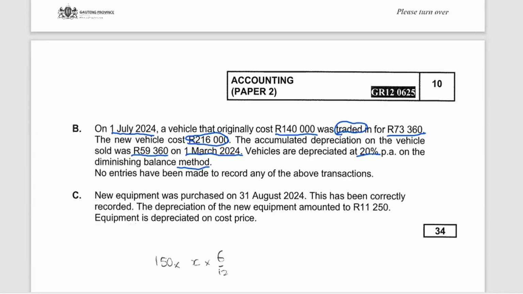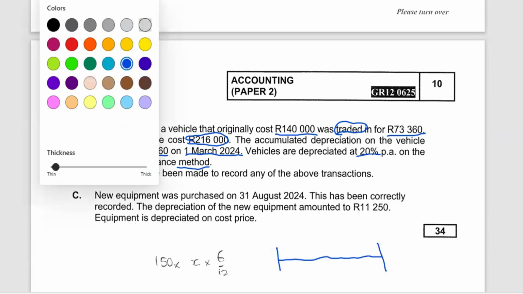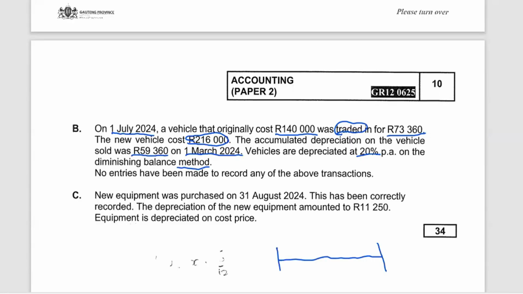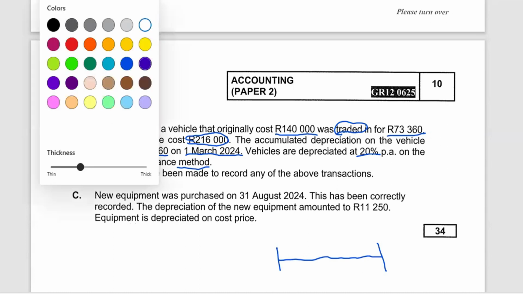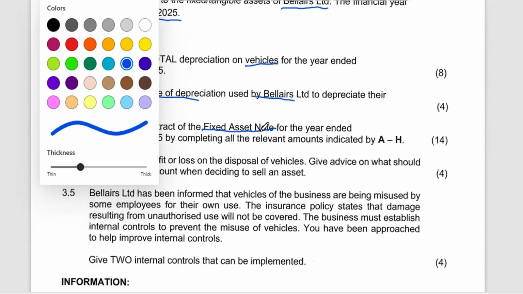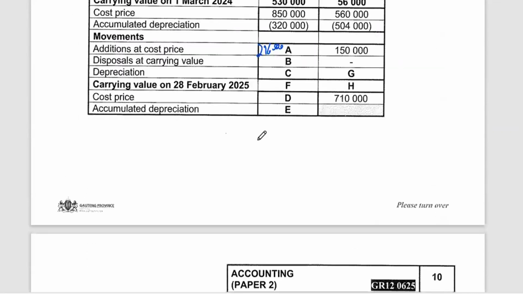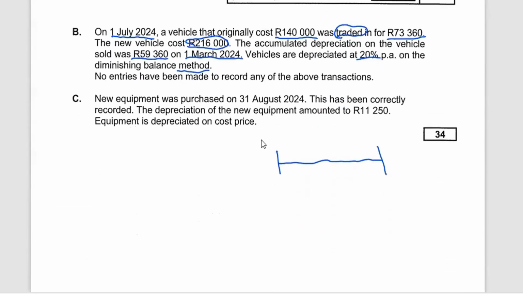So the first thing that you are supposed to do is to draw our timeline. So when we draw our timeline, we check when our accounting period ended.